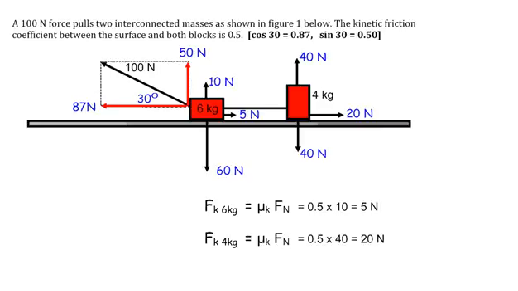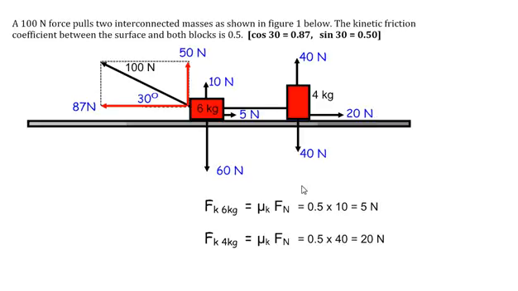We now know all the forces acting on the system of interconnected particles. We have an applied force, which has the horizontal component of 87 newtons. We have a friction force acting to the right of 5 newtons. Another friction force of 20 newtons acting on the 4 kilogram mass. And those are the only forces acting along the horizontal.